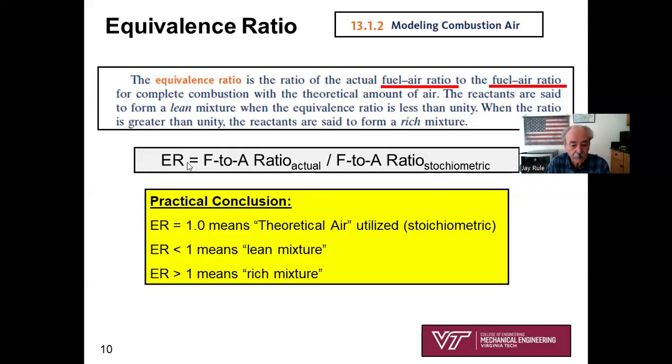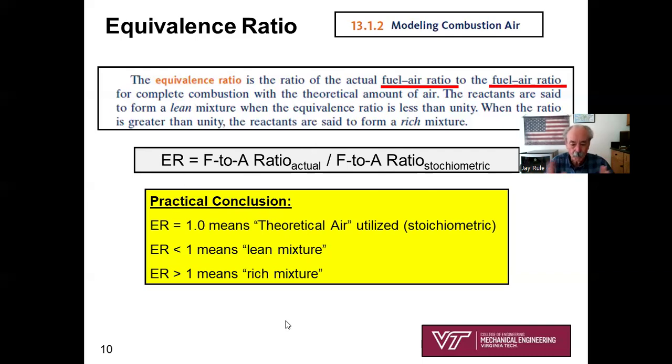The equivalence ratio, ER, is the fuel to air ratio. Remember, that's 1 over the air to fuel ratio, the reciprocal of that. Fuel to air ratio actual divided by the fuel to air ratio for the stoichiometric combustion equation. So you've got to do two computational parts to get the equivalence ratio.